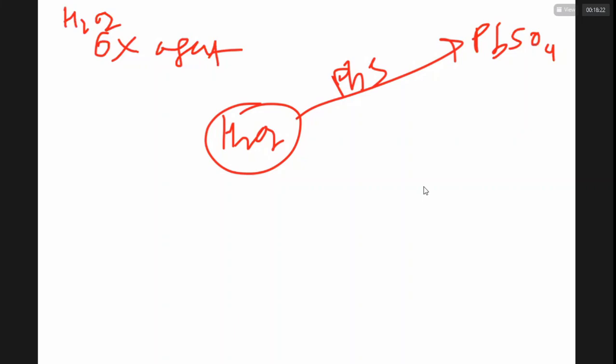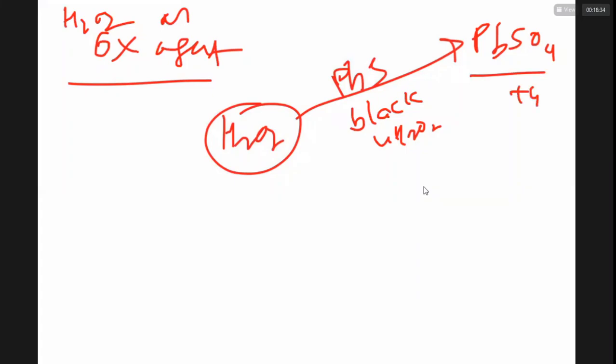H2O2 as oxidizing agent. With PbS, which is black in color, 4 moles react. You get PbSO4 plus 4 water. When it reacts with iodide ions in acidic medium, very important.